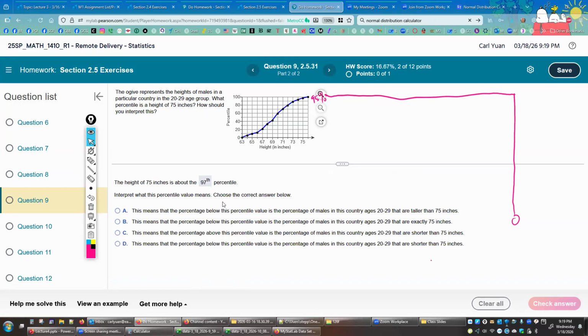Interpret what this percentile value means. It means that at 75 inches, you're taller than 97% of the people. So this means that the percentage below this percentile value is the percentage of males that are taller. Nope.